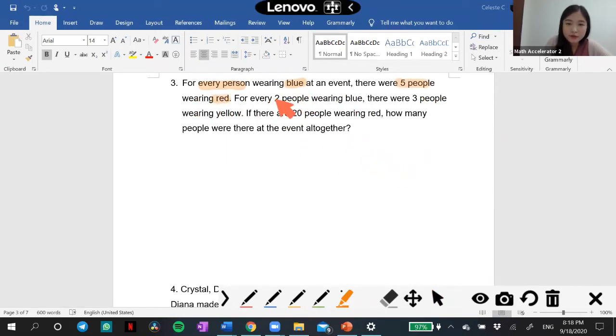For every 2 people wearing blue, there were 3 people wearing yellow. If there were 20 people wearing red, how many people were there at the event altogether?